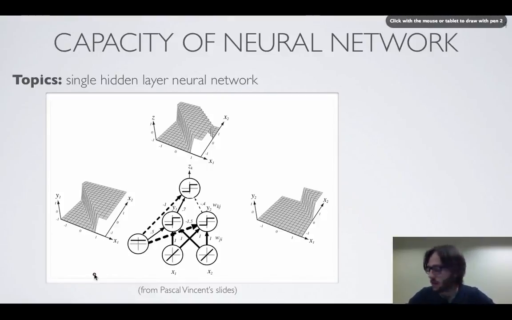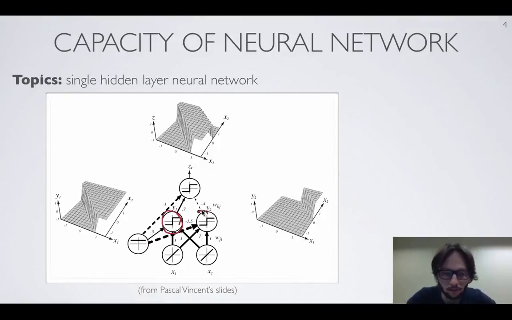Here's a first example where we have a single layer neural network with two hidden units, which compute these two functions here. You should be able to convince yourself that at the output layer, if we have an output neuron, then we can actually combine these two hidden units to get a new function with respect to our original input that would look something like this.